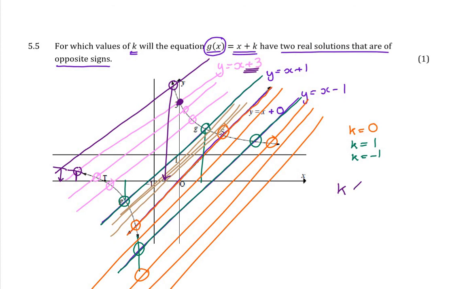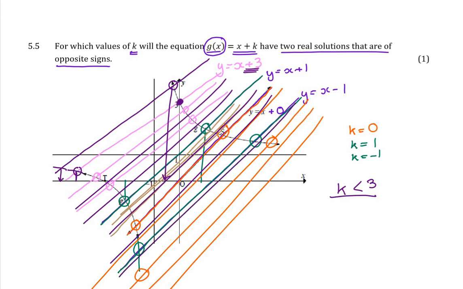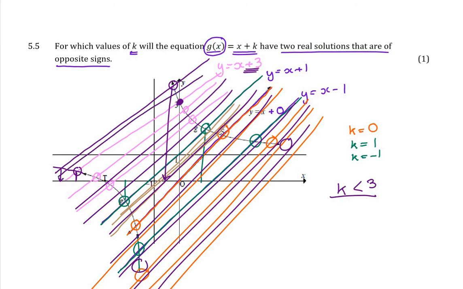Anything below 3 will work, because any diagonal line going down would have 2 points of intersection of opposite signs. But the moment I go above 3, both my intersection points have a negative solution. I can't do it at 3, because at 3 I have 0 and a negative, and those aren't technically different signs.